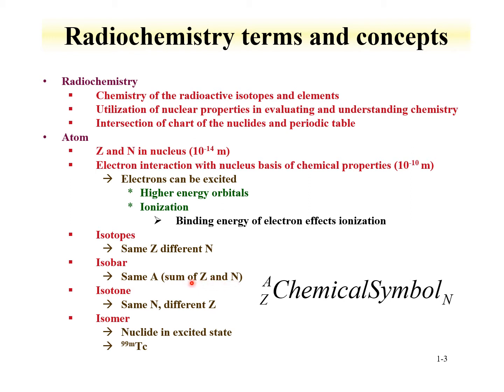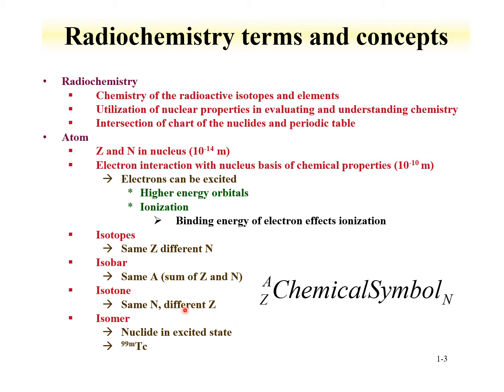So as an isotope undergoes beta decay, it converts a neutron into a proton, so the sum, the A, remains the same. An isotone, that's the same number of neutrons but different number of protons. This is used to help identify how the neutrons and the protons have properties within the nucleus.